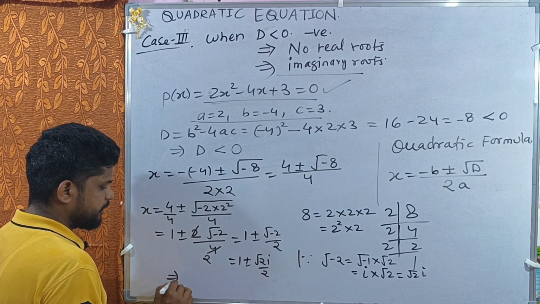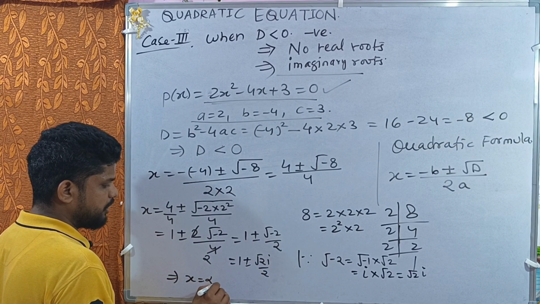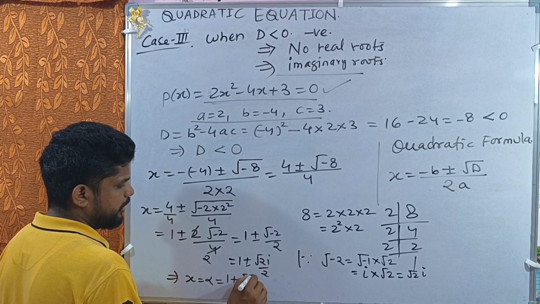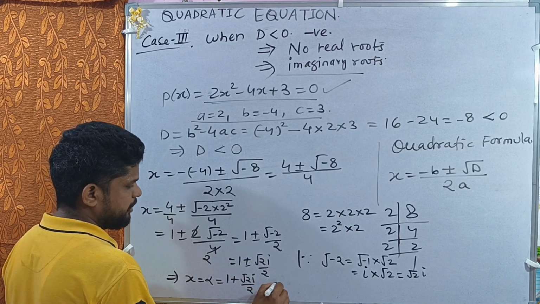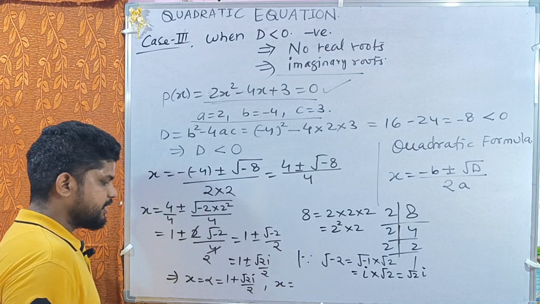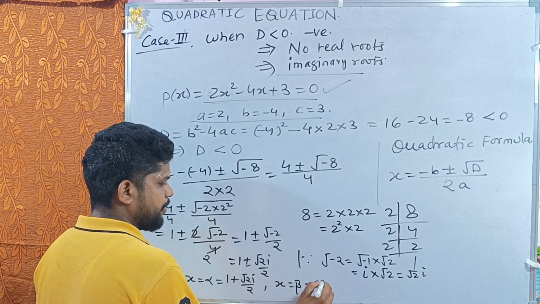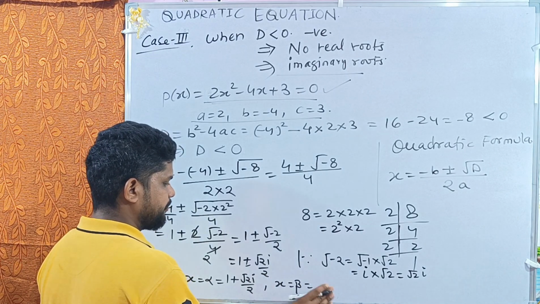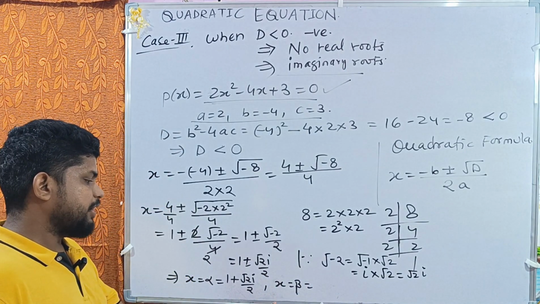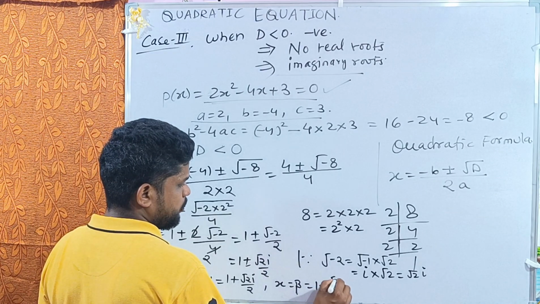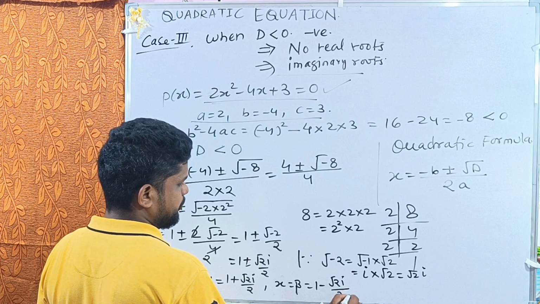So the value of x, which is alpha, is 1 plus root 2 iota divided by 2, and the value of x, which is beta, is 1 minus root 2 iota divided by 2.